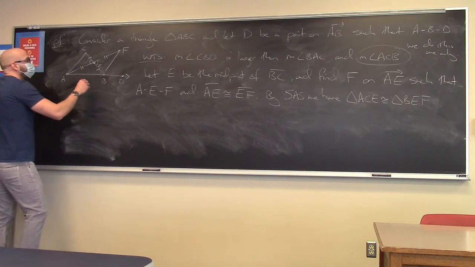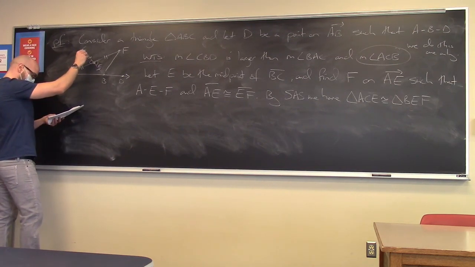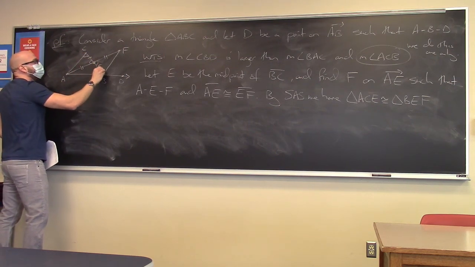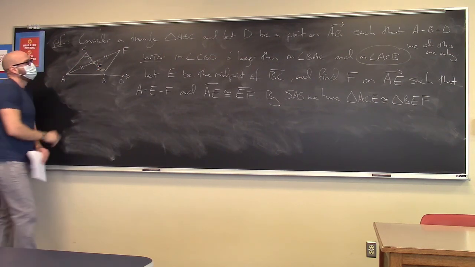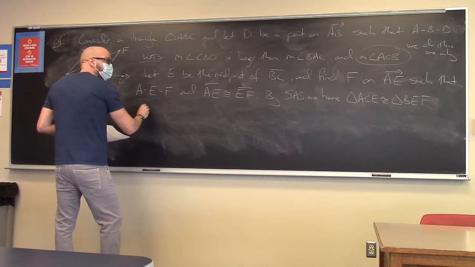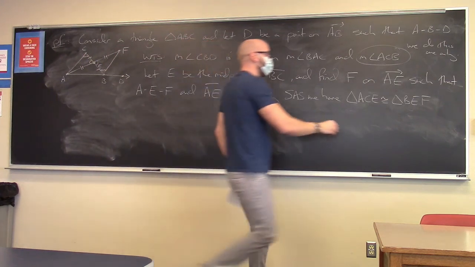But therefore, I think what I want to claim now is that these two angles must be congruent. ACE, those two angles are congruent. So hence, we'll put a comma here.